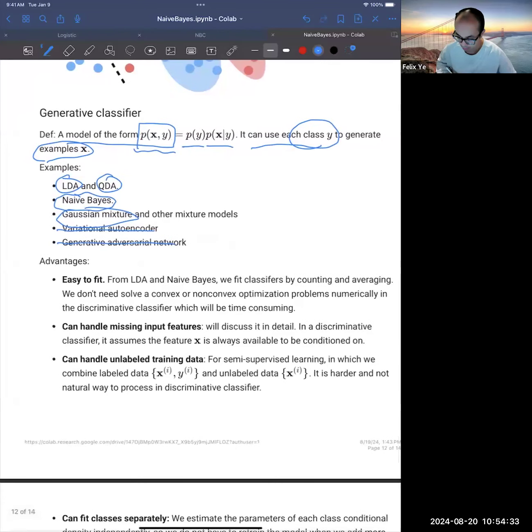So you can see right here, if we work with the exponential family in naive Bayes, we just fit and classify by just counting and averaging, right? This is fairly straightforward. We don't need to solve convex or non-convex optimizations numerically, which could be time consuming, but in naive Bayes, all we need to do is some simple counting. That's really easy to fit.